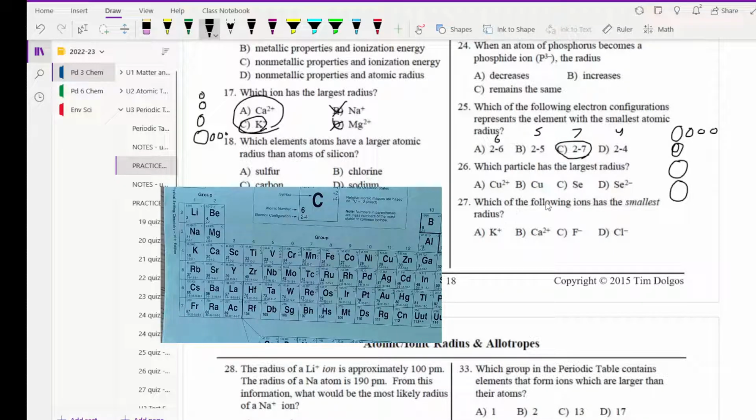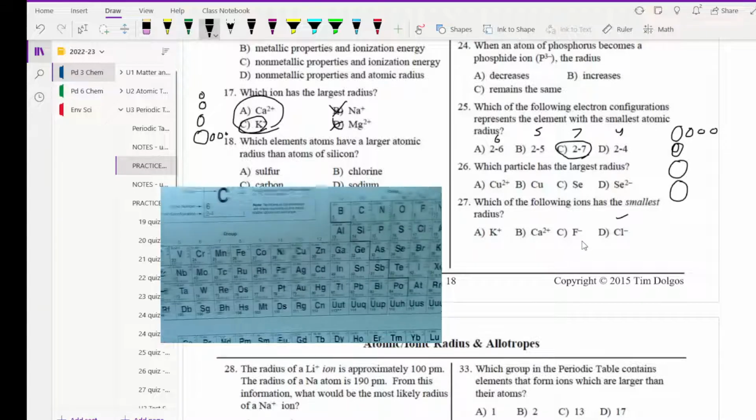Then let's move down to 27. Which of the following ions has the smallest radius? They all look like ions. Remember, the negative ones will have a fairly large radius compared to their atom because they've taken on electrons. So try to remember that. Then let's take a look at the periodic table.